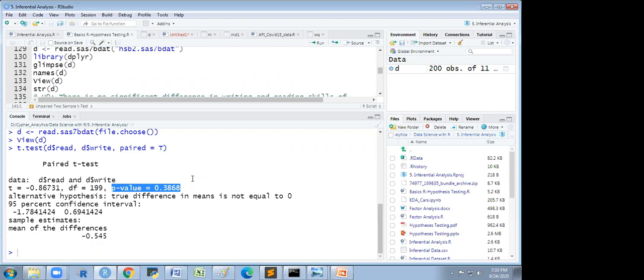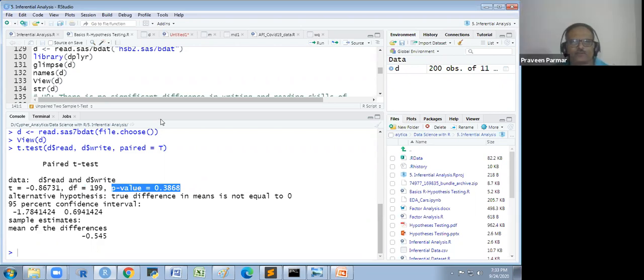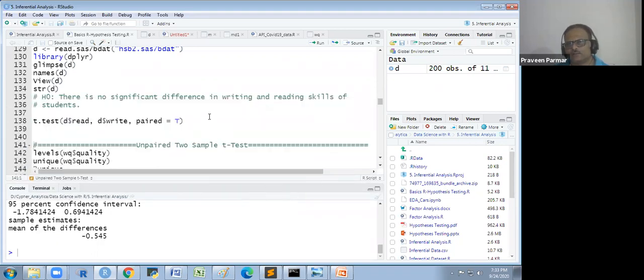Accepted, because the P value is greater than 0.05. So there is no significant difference between the writing and reading skills of the students. The students whose writing is good, reading is also good. Whose writing is bad, reading is bad. Does that make sense to everyone? Okay.